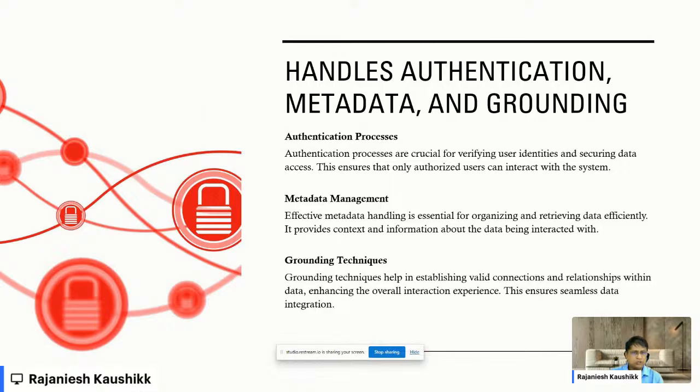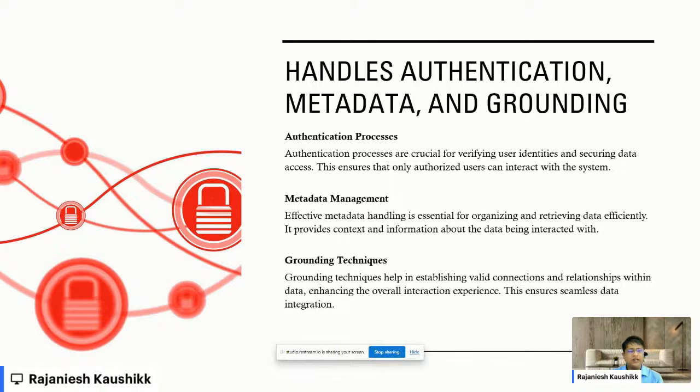And last but not least, it uses grounding techniques. What is a grounding technique? These techniques help you establish the valid connection and relationship between the data, so that the whole interaction is improved and seamless data is integrated. There are some grounding techniques in AI which help you make it more secure and more relevant to you.